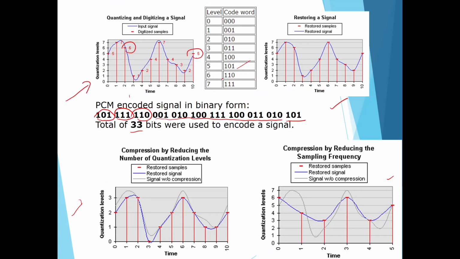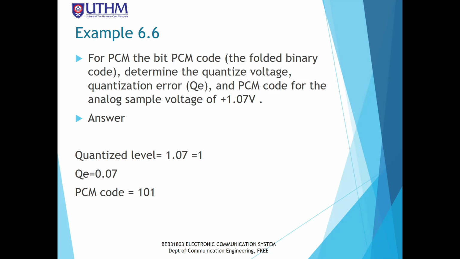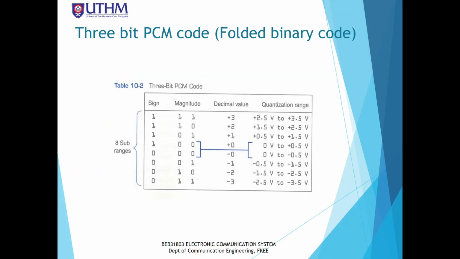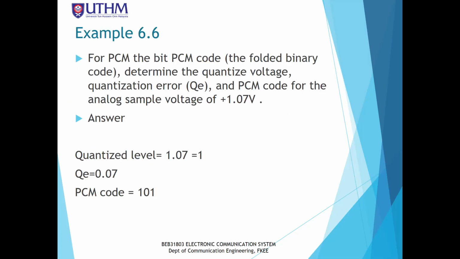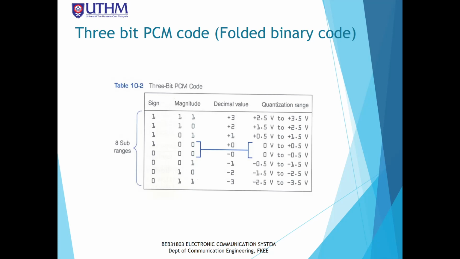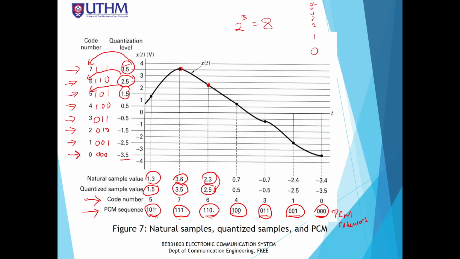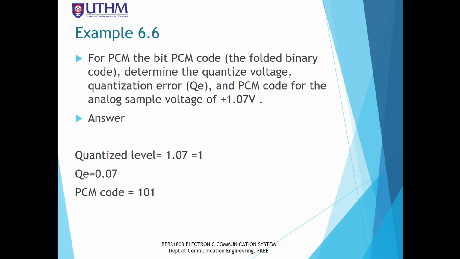Folded binary is this one, and if you see the folded binary, the input 1.07 is over here. It will be rounded to the nearest quantized level, which is 1 volt.